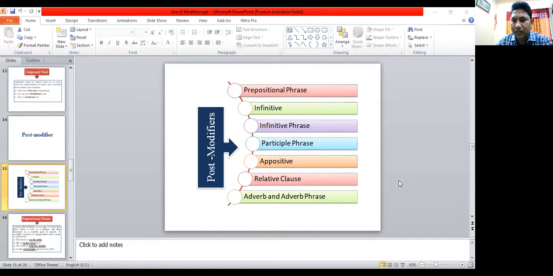You see there are a number of grammatical items like prepositional phrase, infinitive, infinitive phrase, participle phrase, appositive, relative clause, adverb, and adverb phrase. You see, these are the grammatical items that are basically used as force modifier.